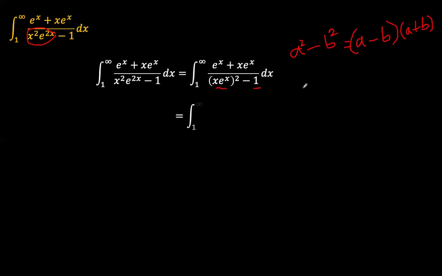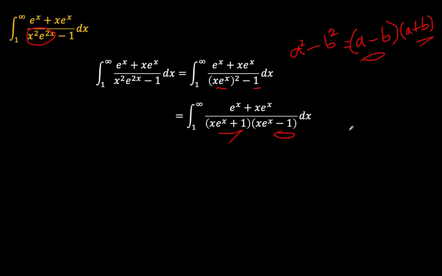So we can now express this as e to the power x plus x times e to the power x over x times e to the power x plus 1, the sum part here, and times x times e to the power x minus 1, and that is this, right?